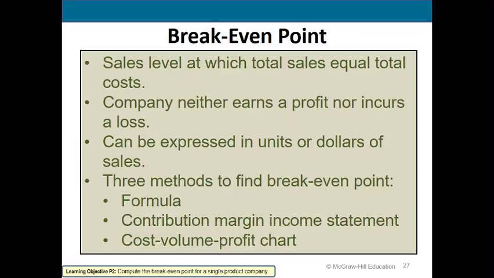It can be expressed in units or dollars of sales. There are three methods for finding the break-even point. You can do it by a formula, by what's called a contribution margin income statement, and a cost volume profit chart as well.